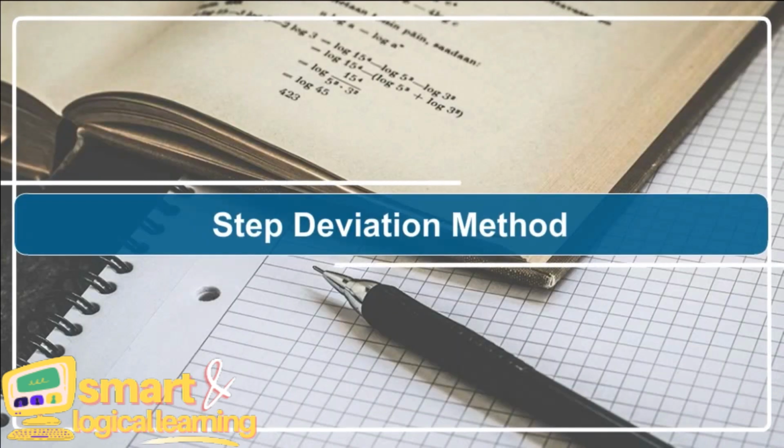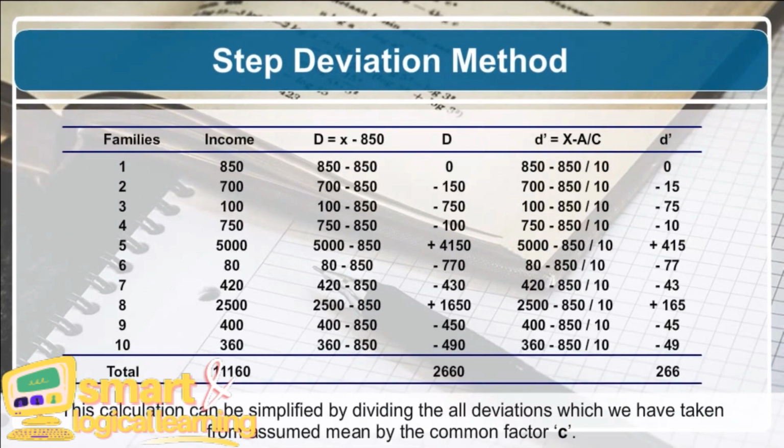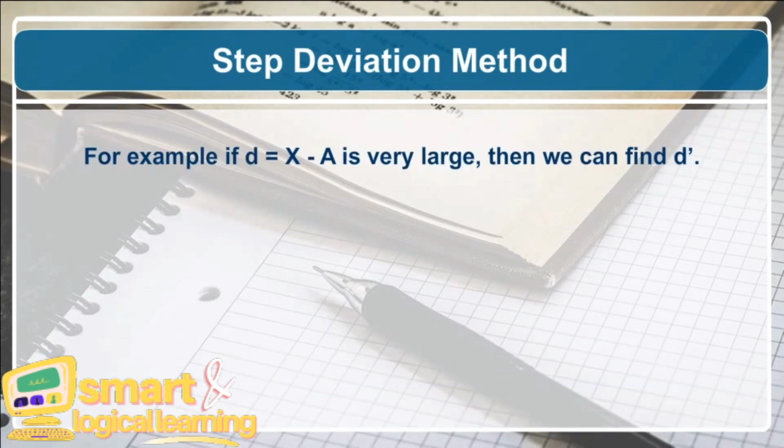Step deviation method. This calculation can be simplified by dividing all the deviations which we have taken from assumed mean by the common factor c. For example, if d is equal to x minus A is very large, then we can find d dash.